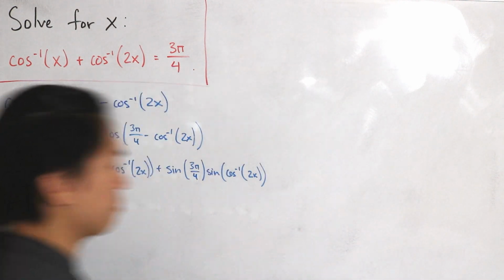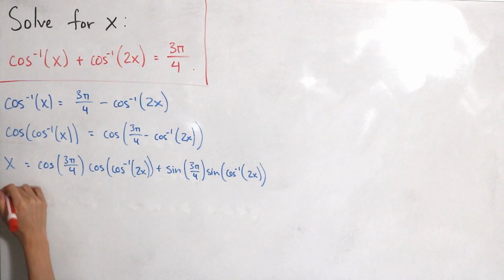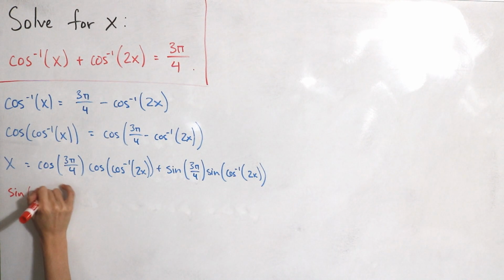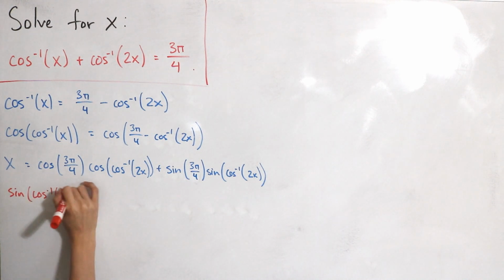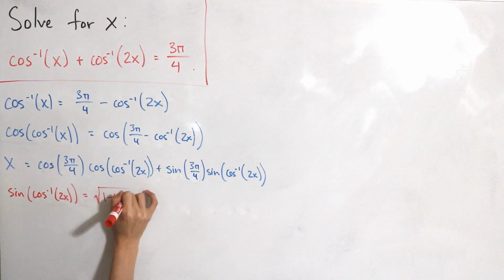I'm going to start with the big one: the sine of inverse cosine of 2x is simply the square root of 1 minus 4x squared.